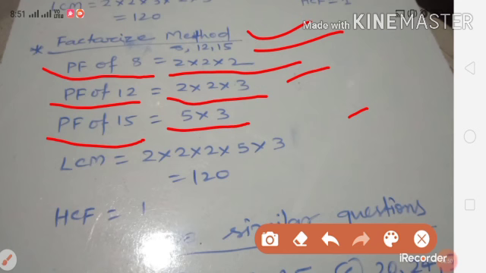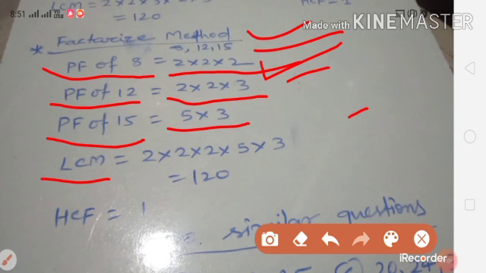Now when we find the LCM, first of all we have to write the maximum use of each number.